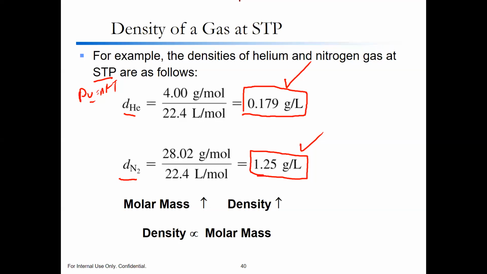Any questions or comments so far? So all these equations are turning out to be true when we do the experiment. This is the density of helium, this is the density of nitrogen, and we could predict it just by getting the molar mass divided by the 22.4 liters per mole.